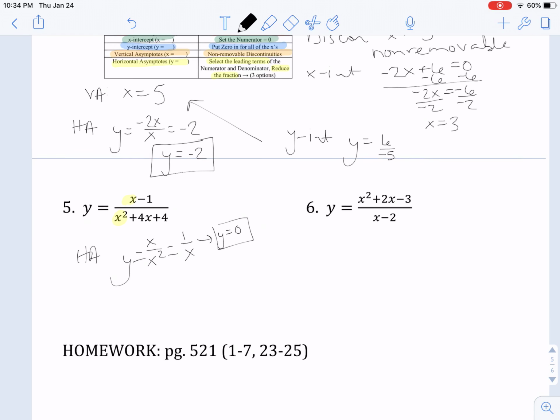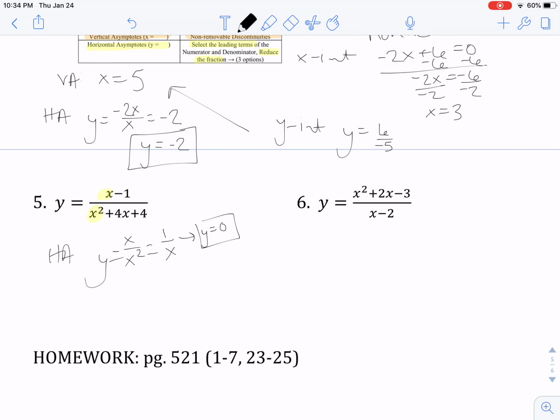That's option number 2. It says up there there are 3 options. Your third option would be like number 6 here. Leading terms, x squared over x. When you reduce those, you get just x, or you can think of it as x over 1 if it's helpful. In this case, the variable is left in the numerator.